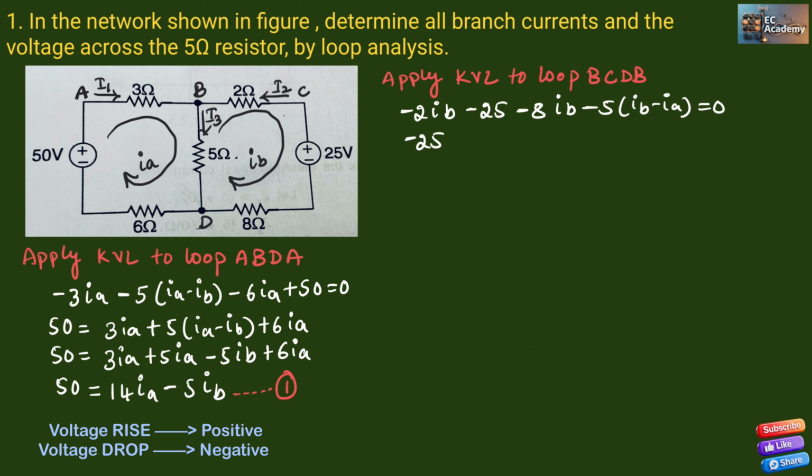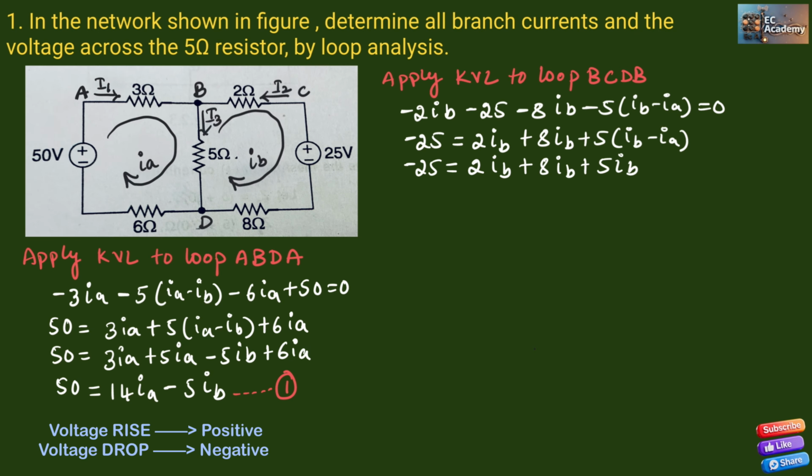If we send the remaining terms to the right hand side, it will be equal to 2IB plus 8IB plus 5(IB minus IA). So we can write the above equation as minus 25 is equal to 2IB plus 8IB plus 5IB minus 5IA.